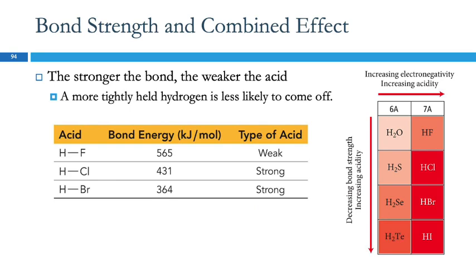Why does it do that? Because as we go down a column in the periodic table, a group, the atoms get larger, right? And so bromine is a much larger atom than fluorine. And the length of a bond is related to its strength. So hydrogen can't get very close to big old fat bromine, right?